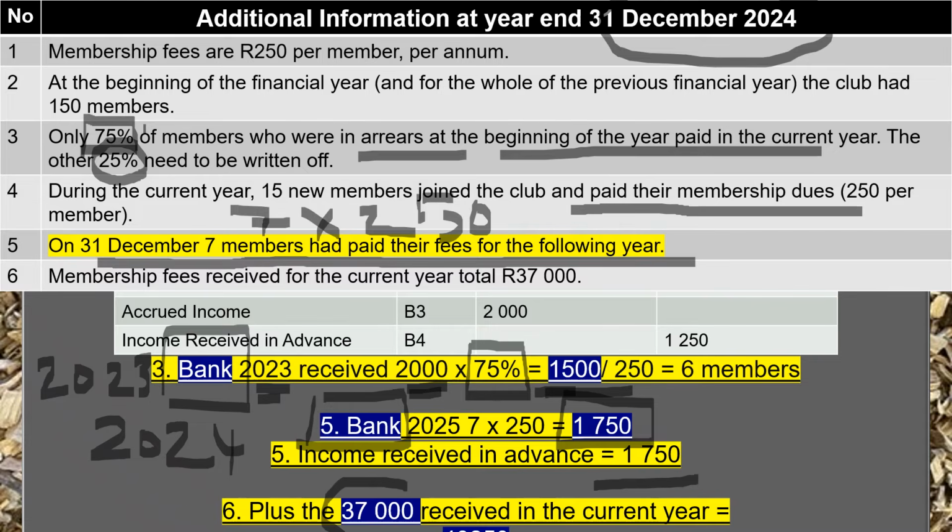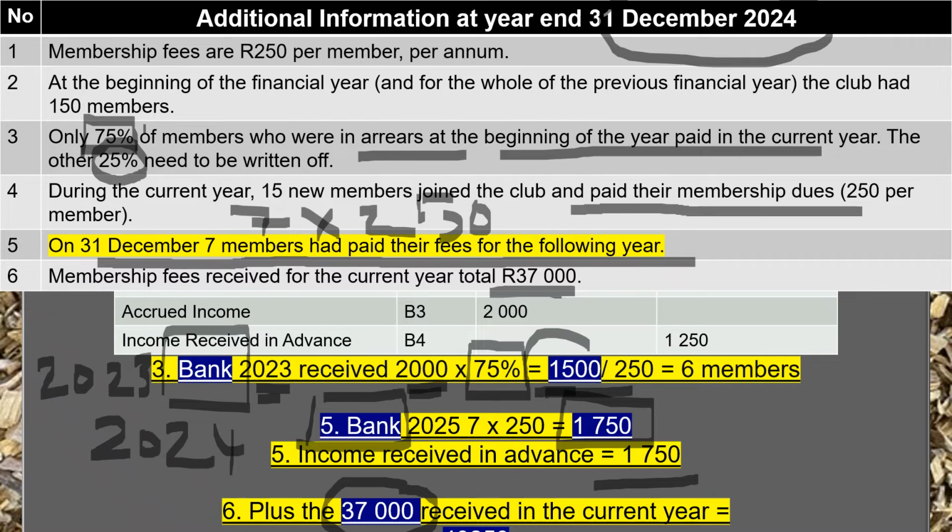And they tell us 37,000 Rand was received in the current year. So what I'm doing is I'm working out the bank amount, debit bank, credit membership fees.